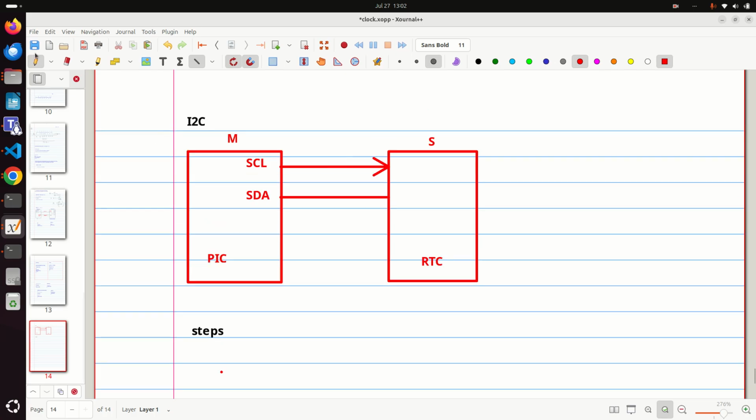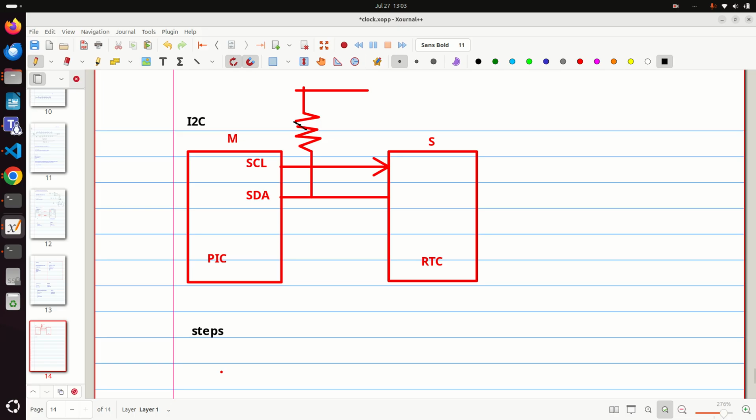So what we need to add? We need to add a pull-up circuit. So here I need to add one resistor. Let me use this. So this is nothing but a resistor, okay? It is not proper, I have not drawn it properly.